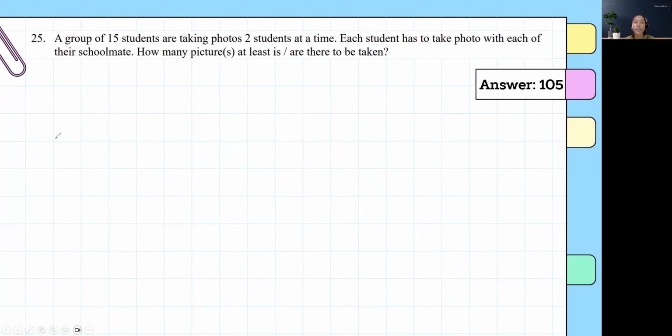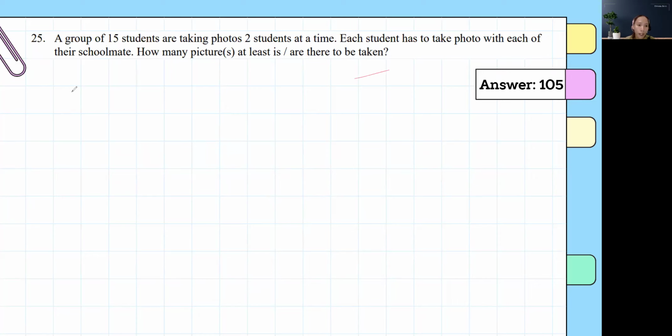Okay. So let's say we have a group of students A, B, C, D, E, F, G until letter O, because that's the 15th letter, A to O. Let's write it down here.